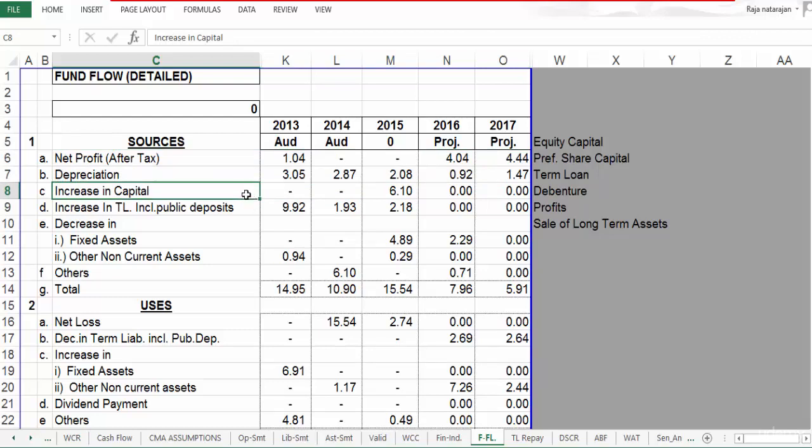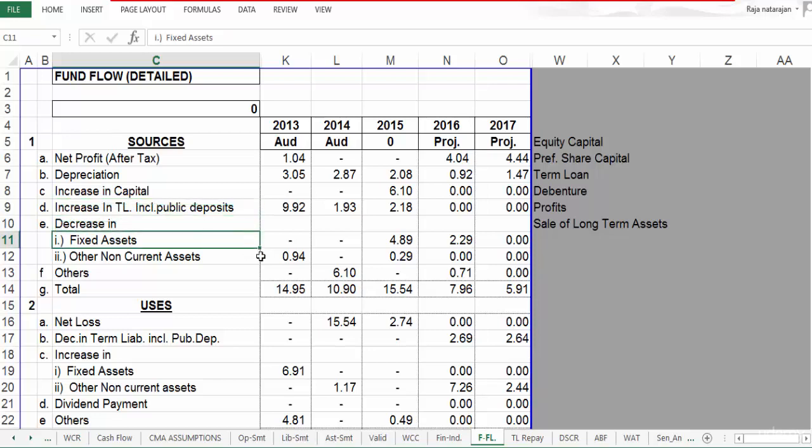It will compare the current year capital with previous year capital. If your current year capital is greater than previous year capital, then there is inflow of equity that will be captured here. Similarly, term loans, it will compare your current year term loan with previous year term loan. If there is any movement, if that amount is increasing, that will be captured as a source.